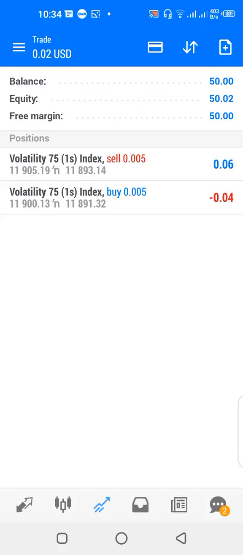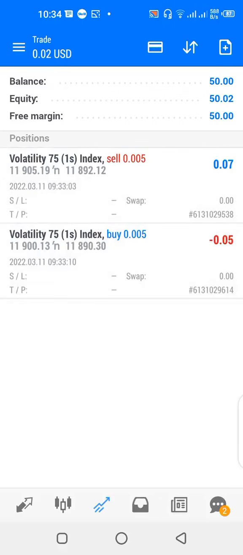And the lot size will be 3 times the original lot size of your running trades. The original lot size of your V75 1S running trade is 0.005, right? Times 3, that will be 0.015.